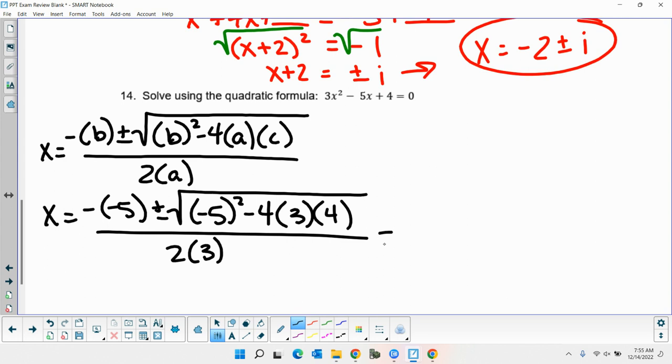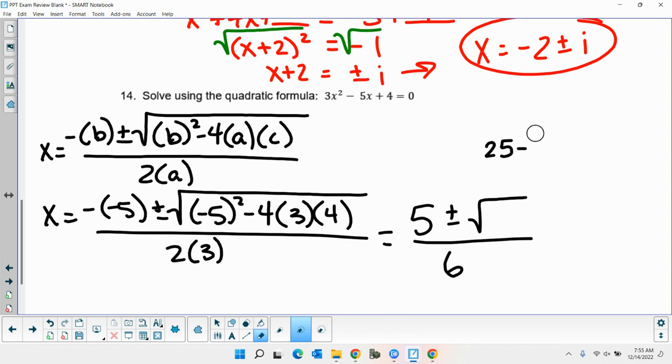Okay, so that gives us a positive 5. 6 here. And then we just do the b squared minus 4ac. B squared is 25. We'll just do that in our head here. Negative 4 times 3 is negative 12 times 4 is negative 48.